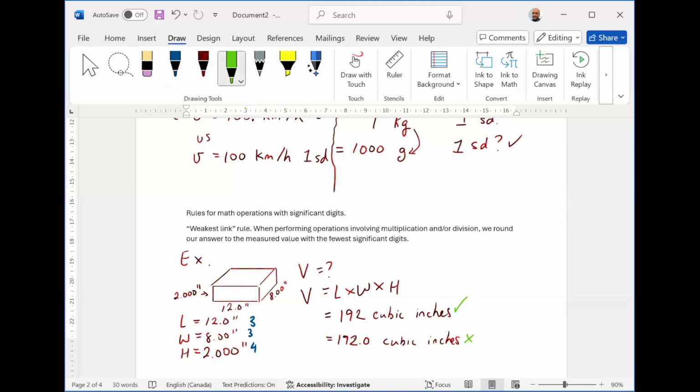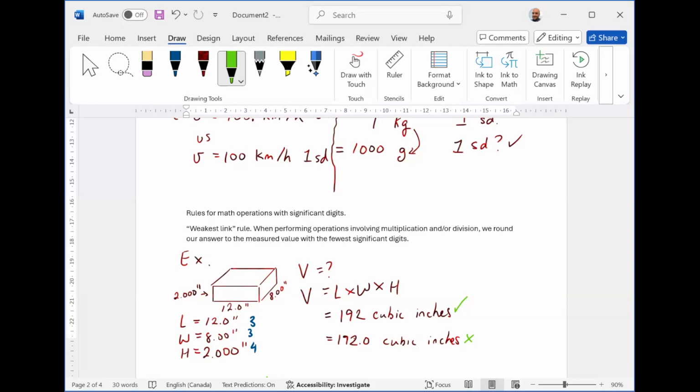So in other words, when you're solving a problem, and it doesn't matter if it's something as simple as what you can see here for volume, trust me, we're going to be doing questions that are much more complex than this. But at the end of the day, you're going to do your work. You're going to write down your information. You're going to apply whatever equation is applicable, and you're going to do the math.